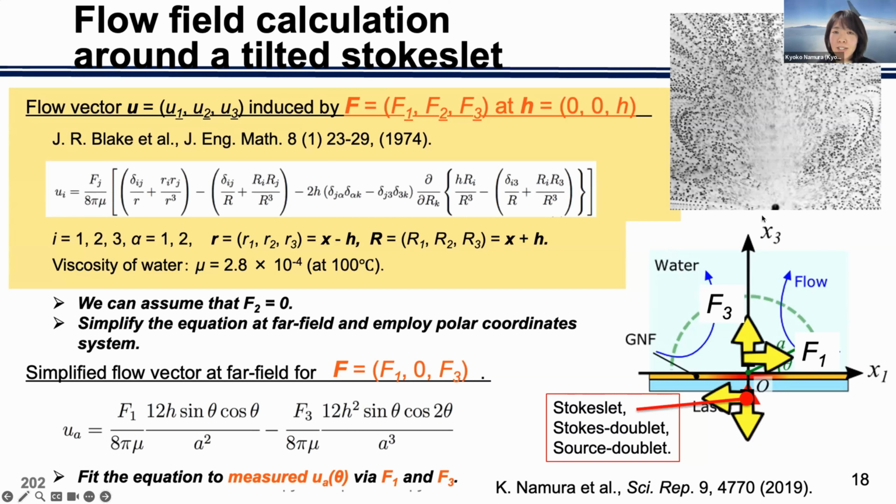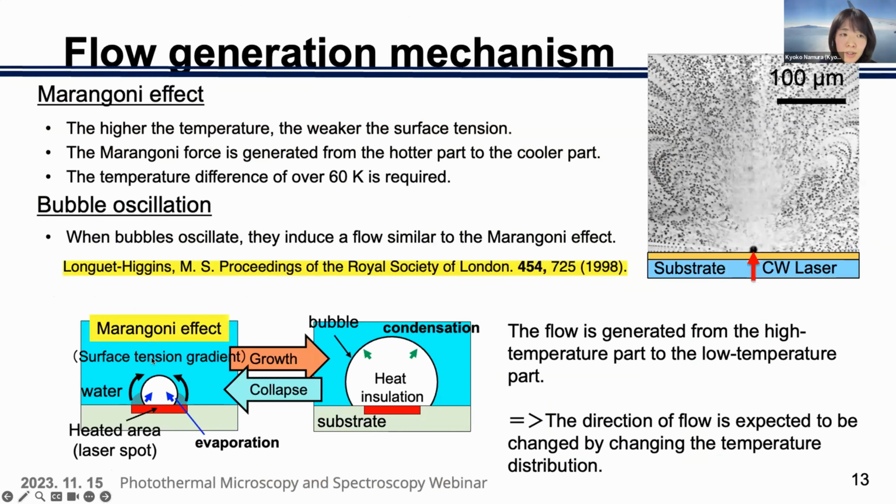But if it is a Marangoni flow, then the shear force on this bubble, if you integrate the Marangoni force on this bubble, then it can be like a point force. But because the bubble is pinned.